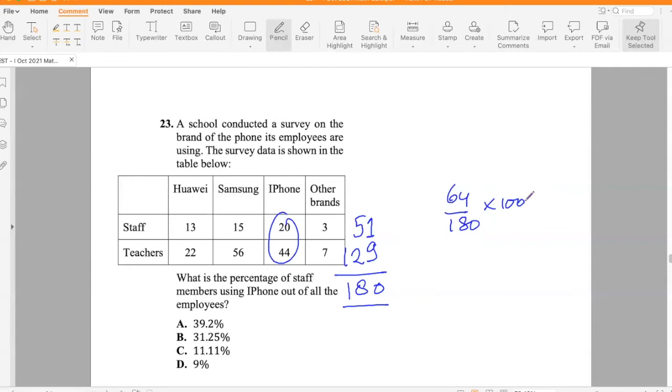Yeah. Oh, staff members using iPhone. So not teachers. So it's not 64, it's 20. So that's 2000 by 180. Okay, so 2000 by 180 would be 11.11. Yeah, so it'll be C.